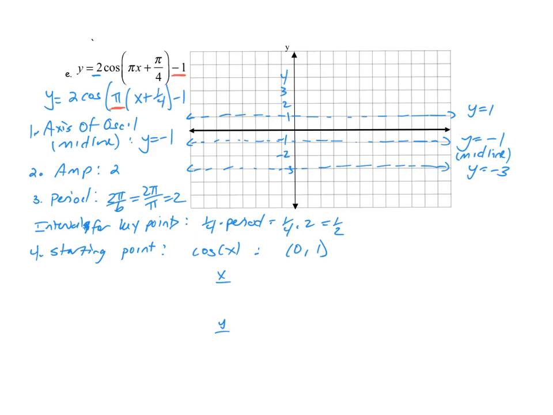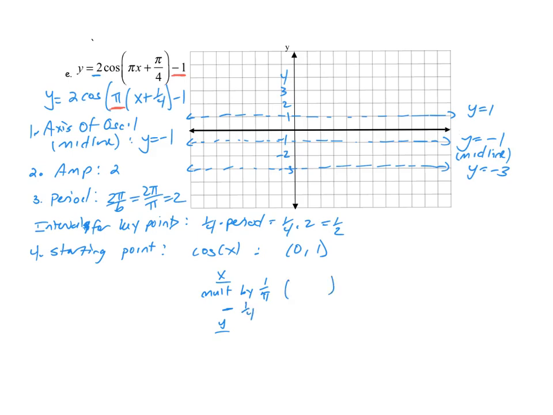When we have this pi as our b value, that means they're going to be multiplied by 1 over pi. And the other thing that's happening to x values is we have plus pi over 4. So that means this is going left 1/4. And so that means we're going to subtract 1/4.